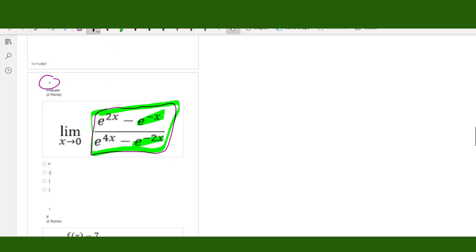Okay, and then (e^x minus 1 over e^x) over (e^(4x) minus 1 over e^(2x)). The next step, equating the denominator: e^x minus 1 over e^x, now multiply by e^x.